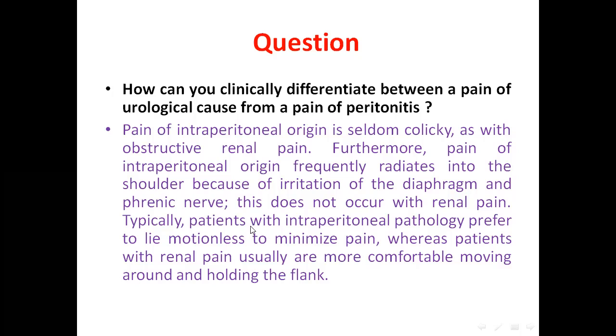Typically, patients with intraperitoneal pathology prefer to lie motionless to minimize the pain, whereas patients with renal pain usually are more comfortable moving around and holding the flank. So when you see a patient rolling around and trying to move to decrease the severity of the pain, this is a typical presentation of loin pain.